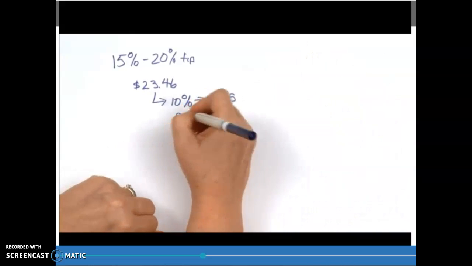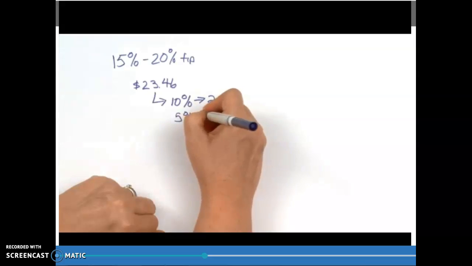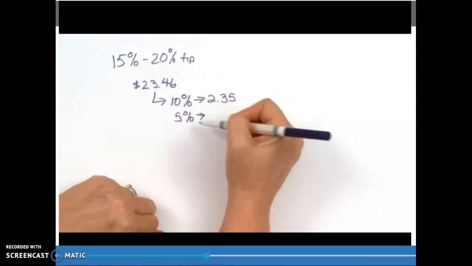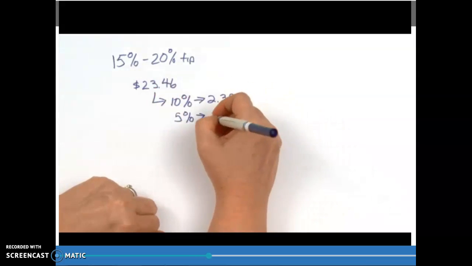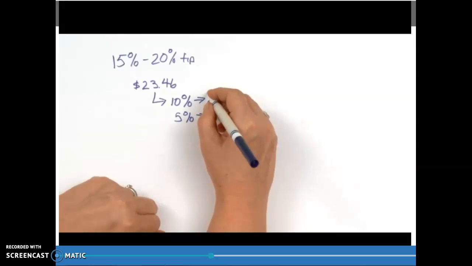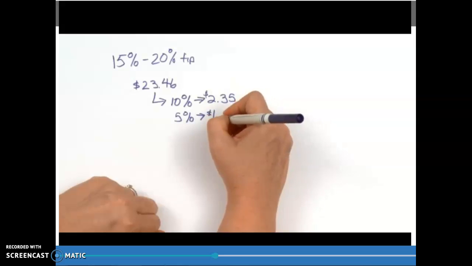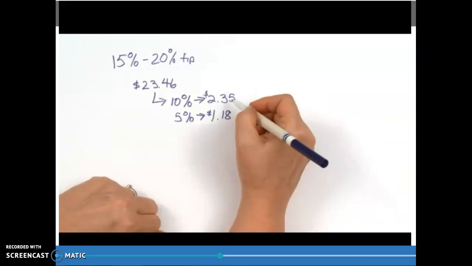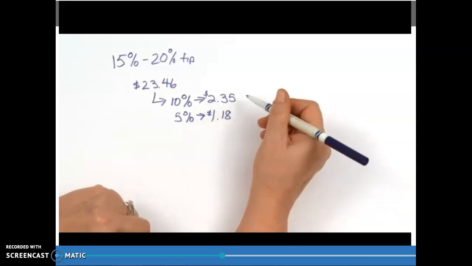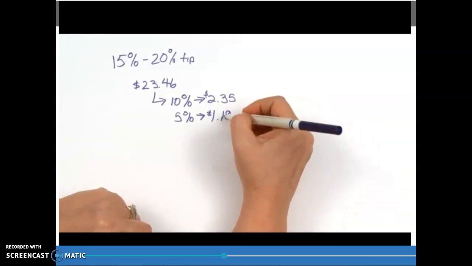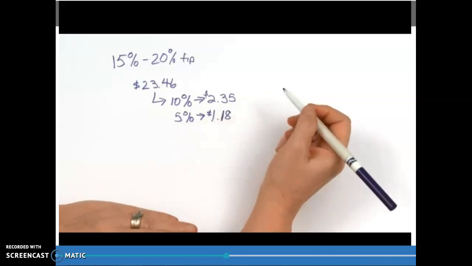5% then of that amount, if I wanted to figure out 15%, will be $1 and half of 35, or about 18 cents. Once again, 35 doesn't divide evenly by 2, but 18 plus 18 is 36 cents.